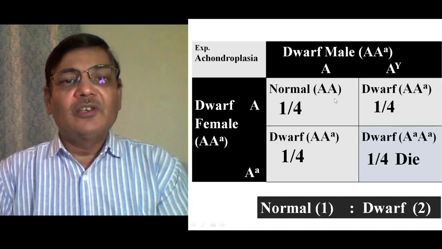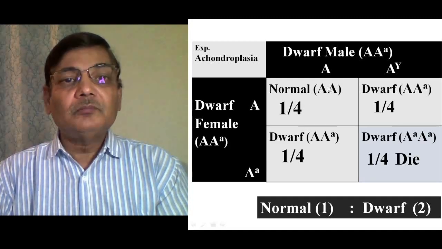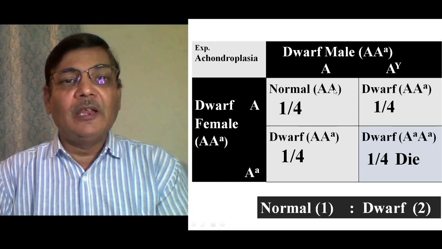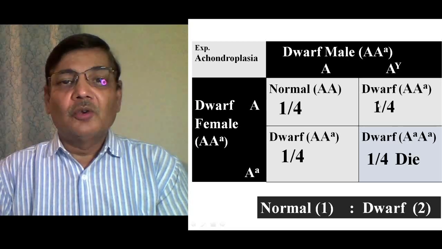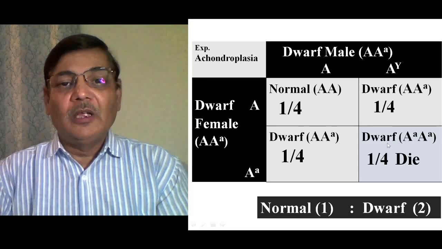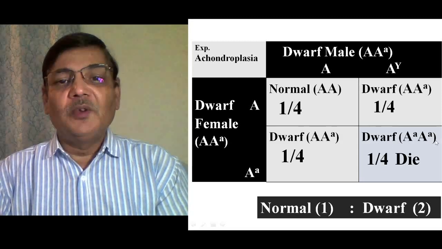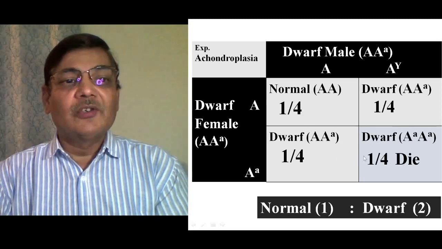In the next generation, you can theoretically expect that 1/4 of their children will be normal because they will have the normal allele aa, and 50% of them will be dwarf because they will be heterozygous. And those who will be homozygous AA will not survive at all. They will not survive their fetal life.